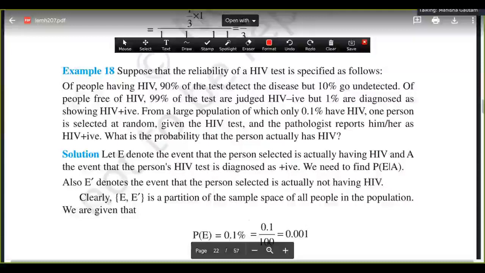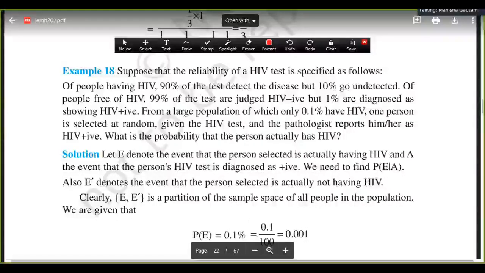Now here you have to understand, in a population, few people have the disease HIV. When they go to the lab and are tested, there are 2 cases.